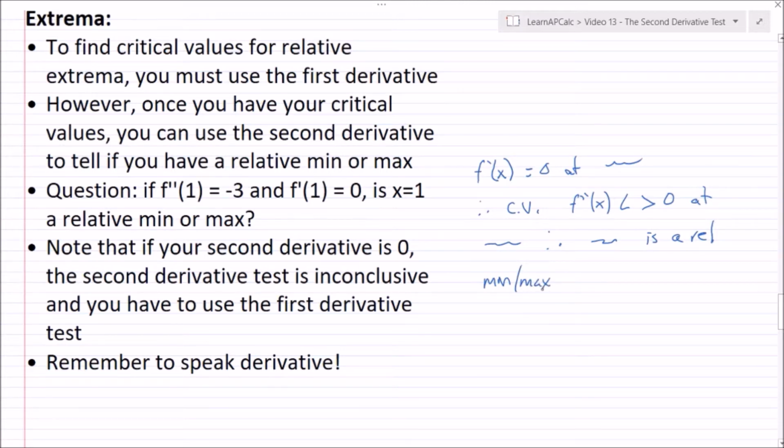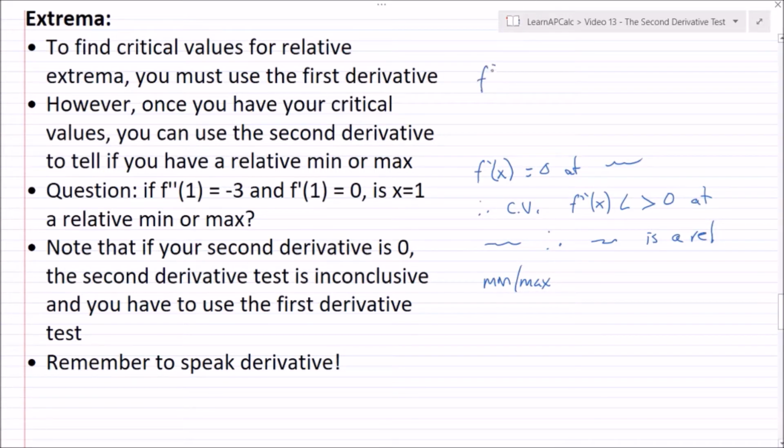So it's sort of the same thing, but I find the second derivative test is much more convenient in terms of derivative speak and just sort of doing it. But there are times where you want to use the first derivative test.